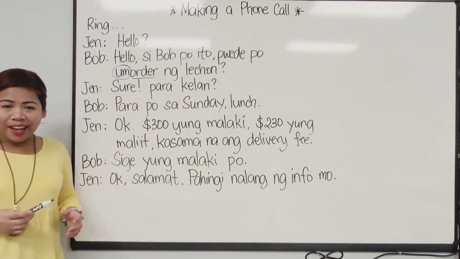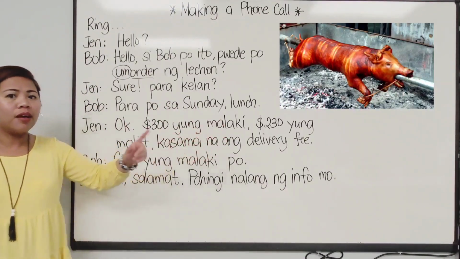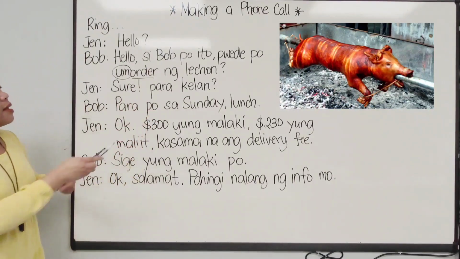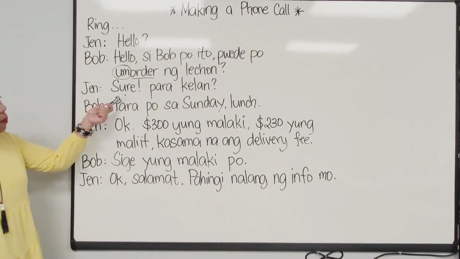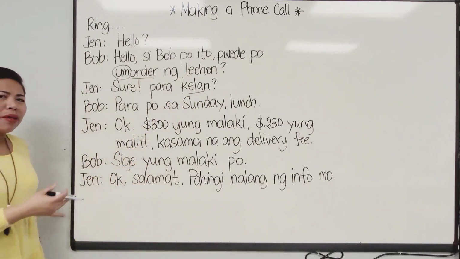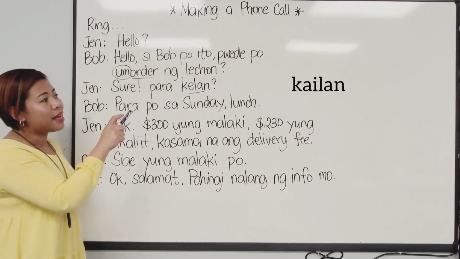You know what lechon is? It's the roasted pig. It's a whole pig. Okay, it's pork, but we call it pig, roasted pig. So that's lechon. And then Jen said, sure. Para kailan? Kailan again? You're familiar with this, right? The original spelling for this is kailan.